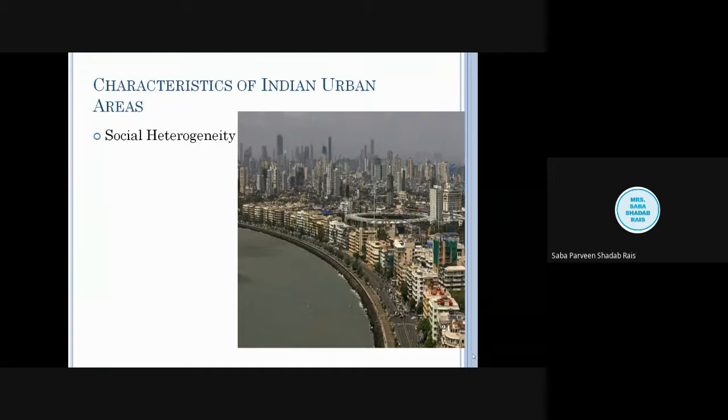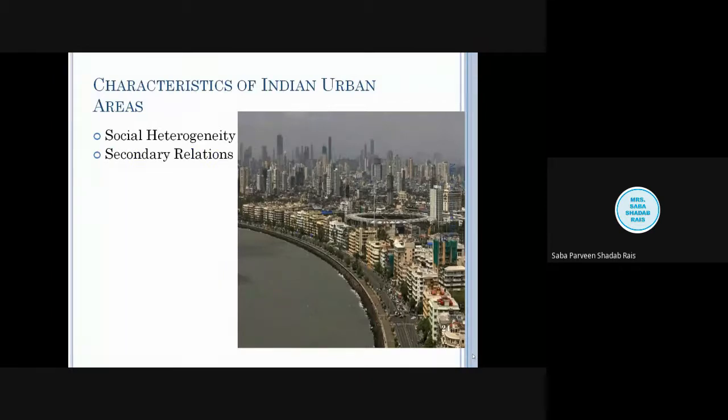Like South people, they will mostly opt for fermented food. They prefer fermented food like idli, dosa, and uttappa, and so many dishes. If they belong to the northern side, they will have their own way of food style. So here in Mumbai, we can see the various types.